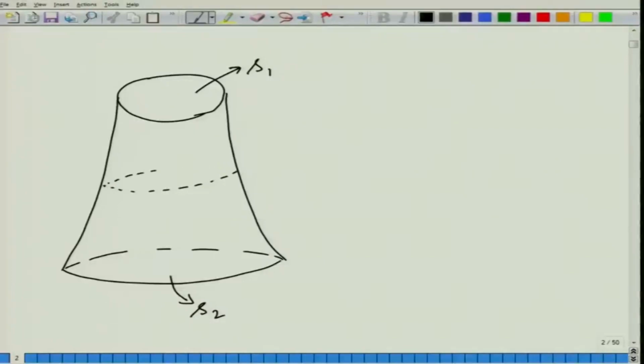So, that would be the area of the cross section nearly at the middle of the solid. So, it will be (S1 plus S2) upon 2 into L.